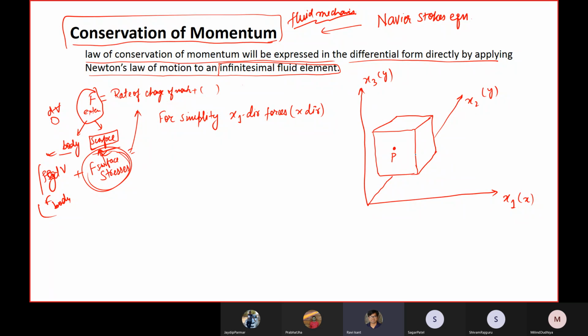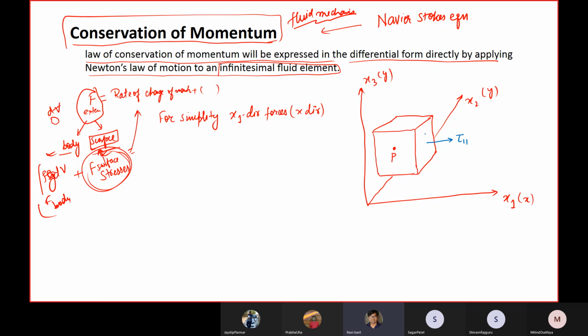On this face, this is my x direction face, so the area normal is right hand side. This is your tau 1 1. Let me write it in this way.